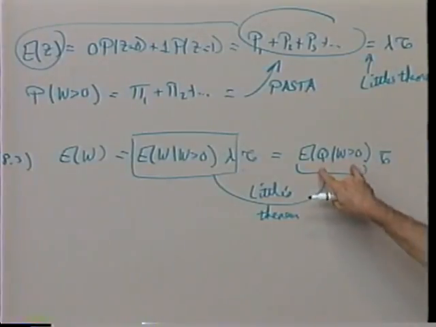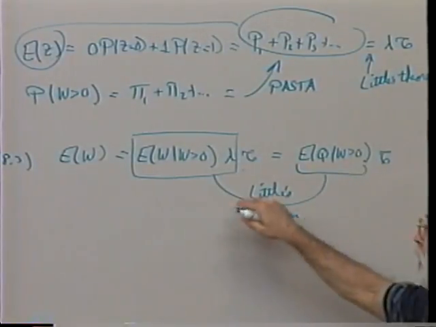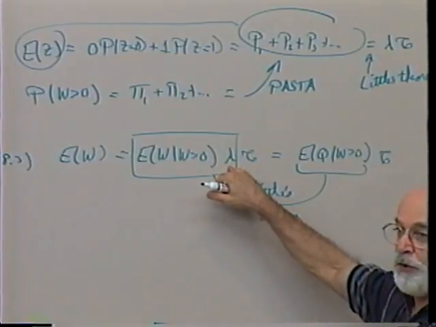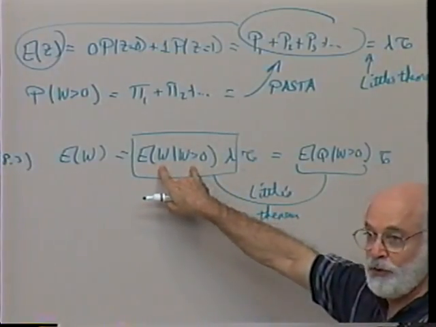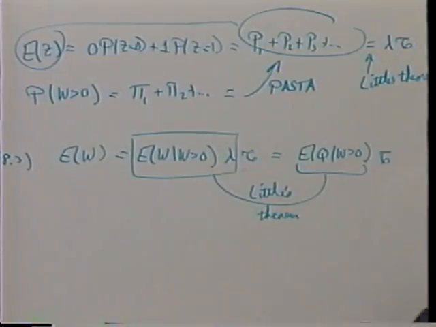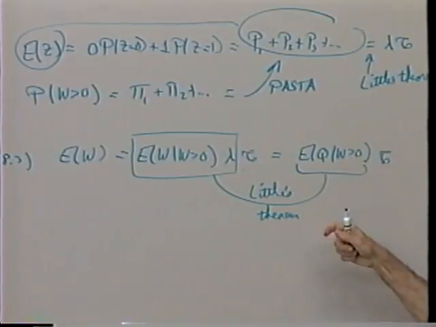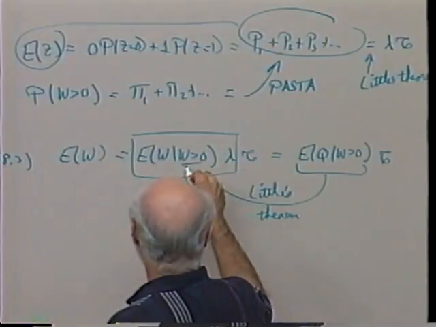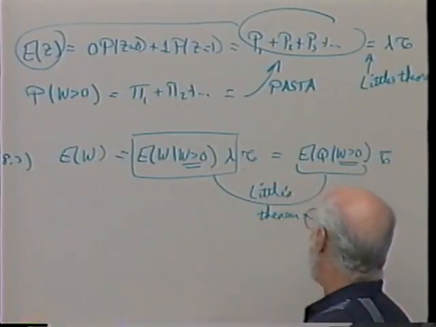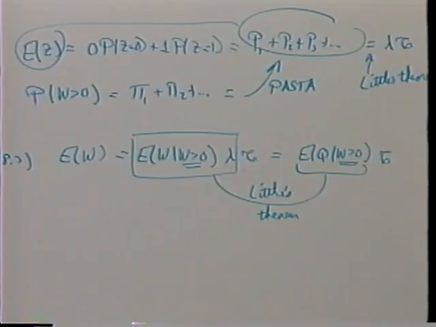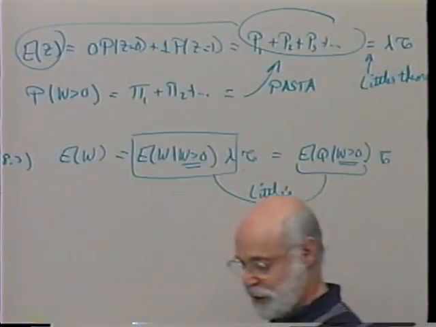So the average queue length given this condition is equal to the entry rate into the queue times the average time in queue given the same condition. The only thing that I'm doing here that's a little bit flaky with regard to Little's theorem, as we've used it before, is that now I'm carrying along this condition. But intuitively, that really shouldn't make any difference, because all that says is I'm just restricting the time I'm looking at it, but I'm restricting it the same way here as I am here, so I should get the same result, the same relationship.